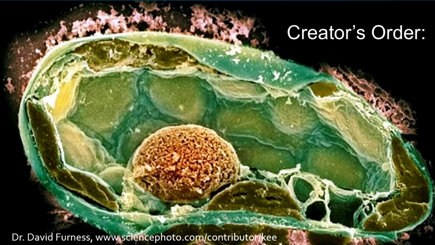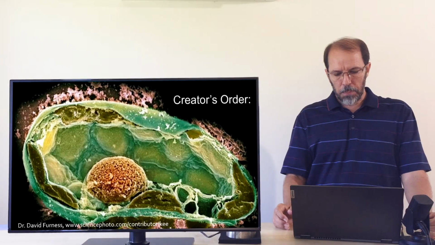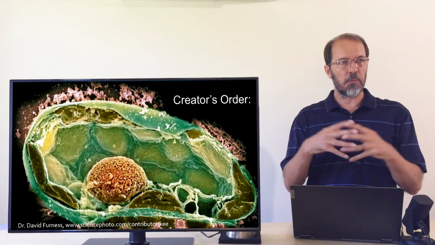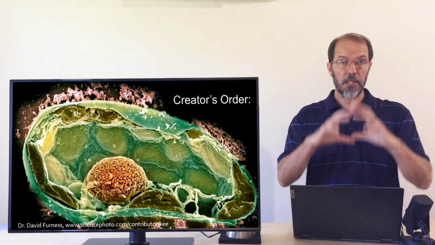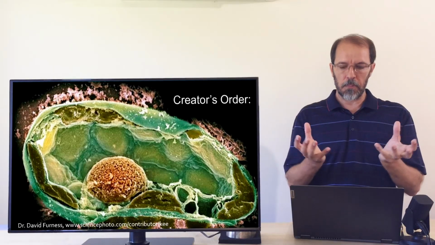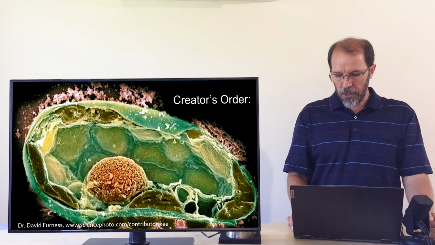And we'll see examples later. So the complexity is mind-boggling. It's system upon system upon system that needs to integrate and work together in this big city or sports stadium, and that is how complex the cell is.